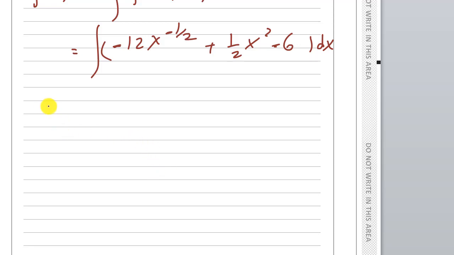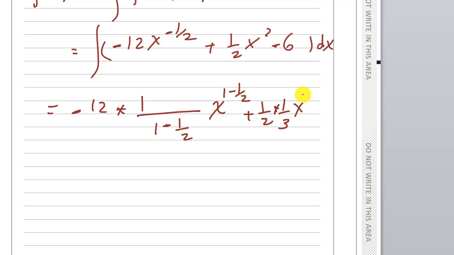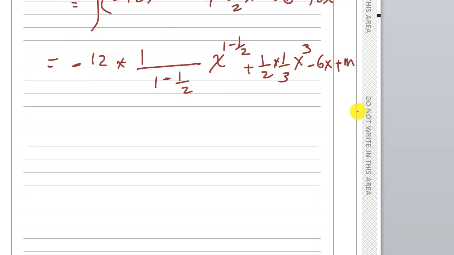So it's equal to minus 12 multiplied by 1 divided by 1 minus half x to the power of 1 minus half plus half multiplied by 1 over 3 x power 3 minus 6x plus m, where m is a constant.